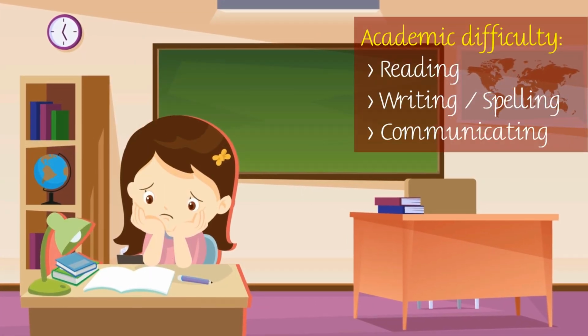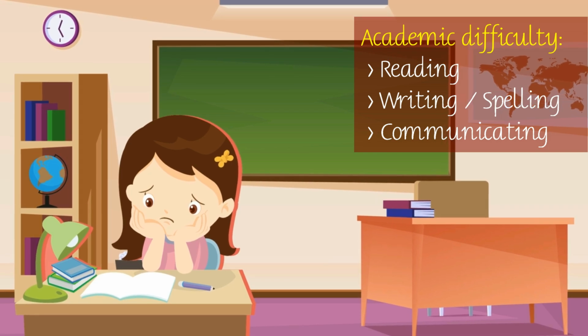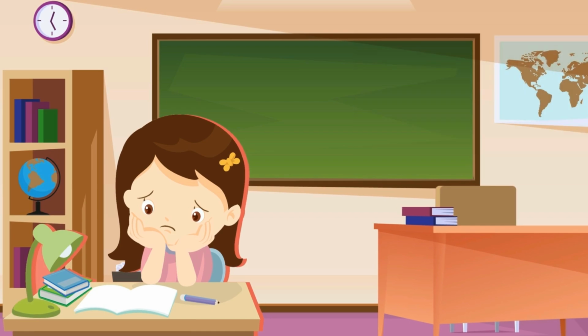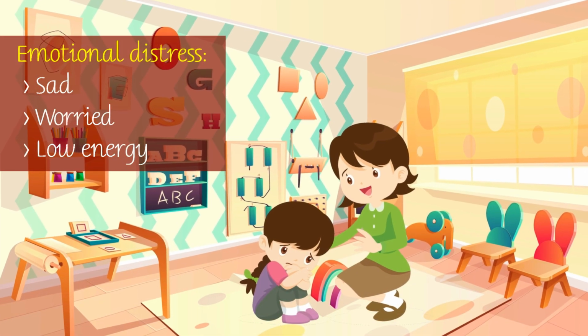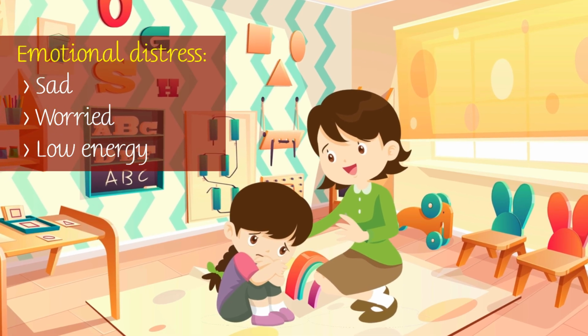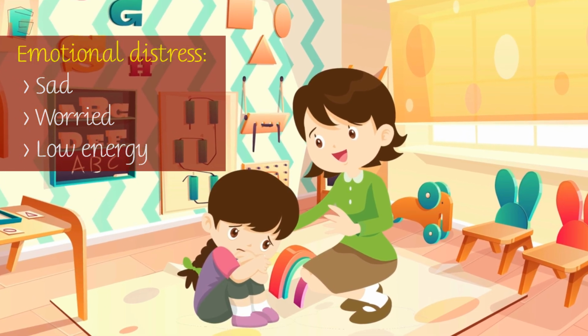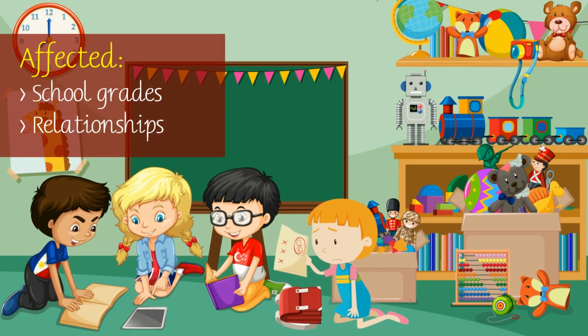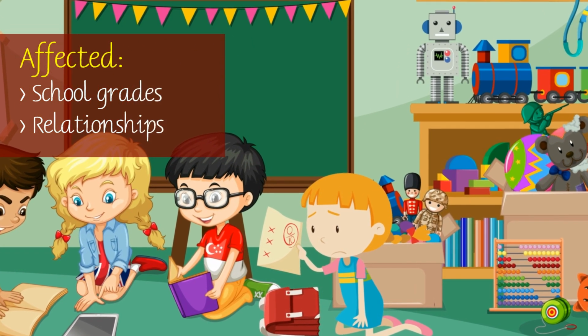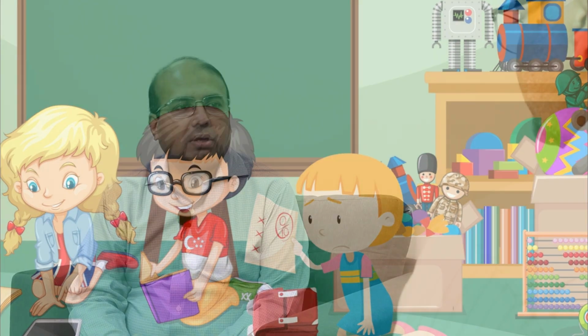Her struggle with reading, writing, spelling, and communicating contributed to her academic difficulty. Her tendency to be sad and worried, and her low energy levels indicated that she was emotionally distressed. The mother acknowledged that Seema's difficulties affected her school grades and relationships.